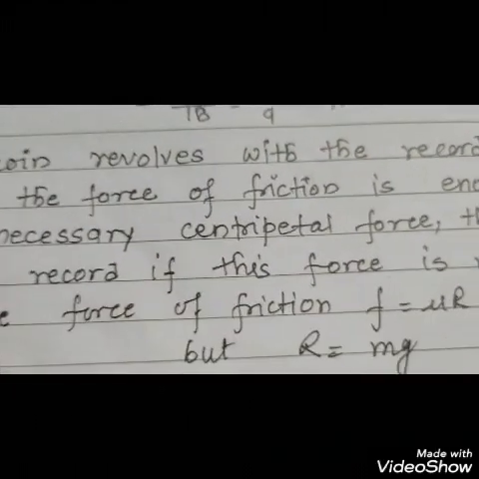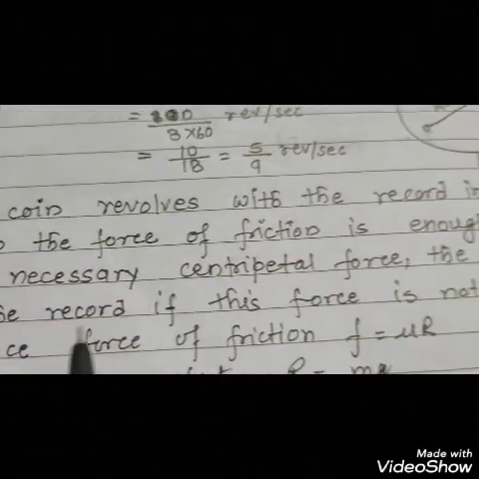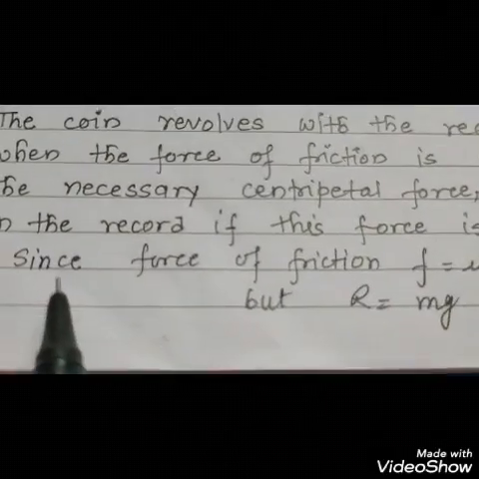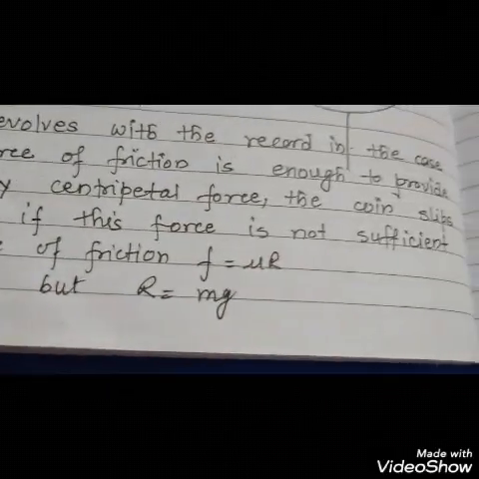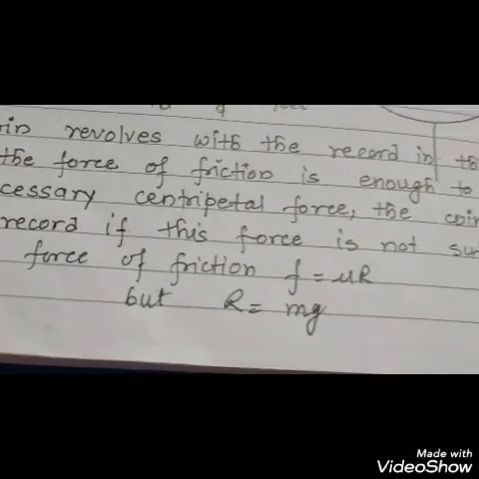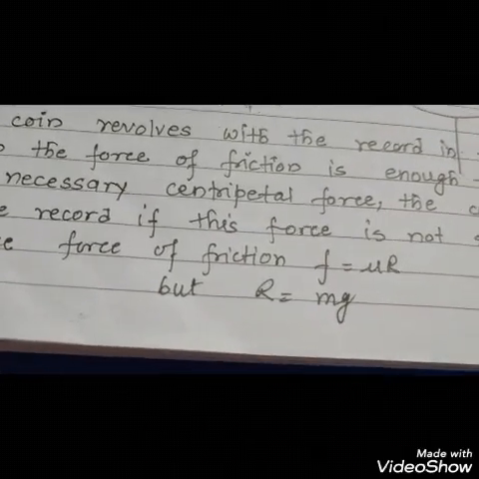One more thing is that the coin revolves with the record when the force of friction is enough to provide the necessary centripetal force. The coin slips on the record if this force is not sufficient.